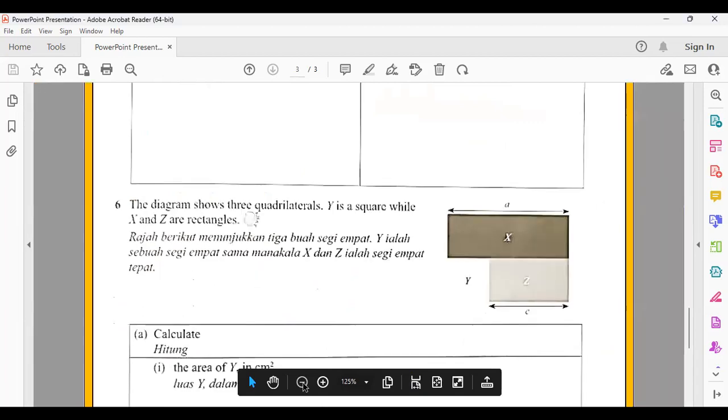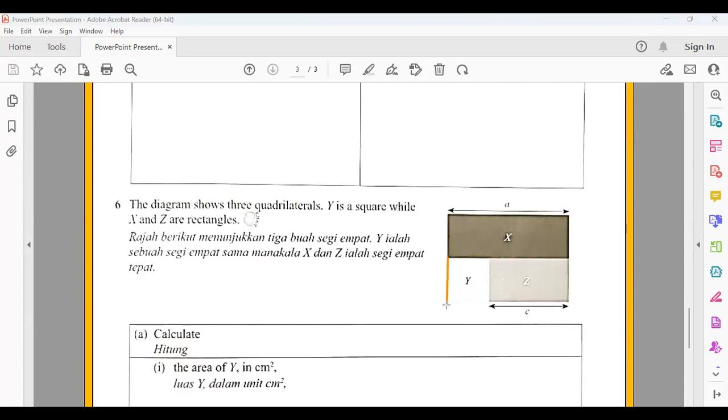Okay. All right. The diagram shows 3 quadrilaterals. Now, where do I see the 3? I only see 2. Hold on. Y is a square. Oh, girls. I'm sorry. It's really not printed out. This is Y. Okay. Can you see Y?